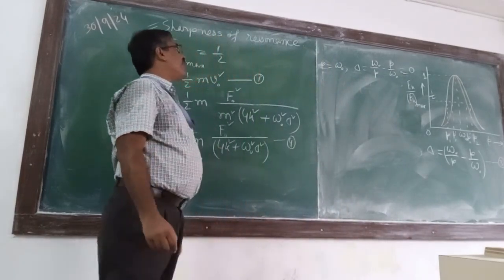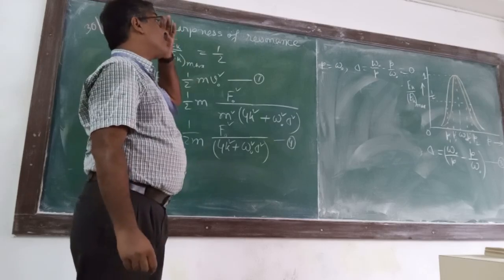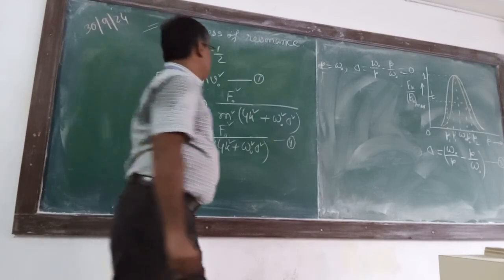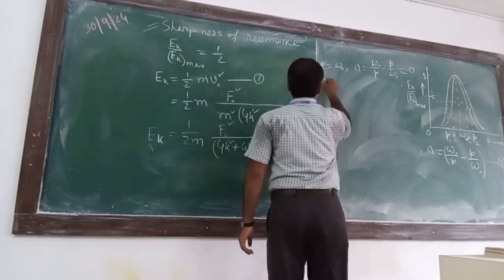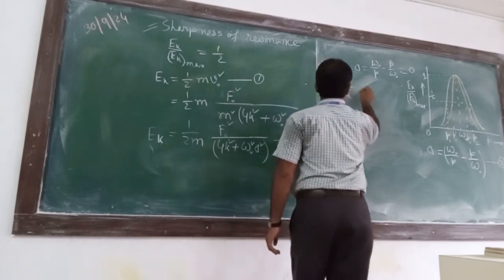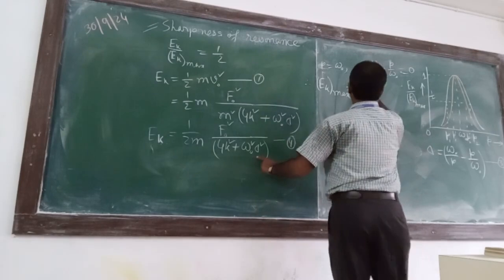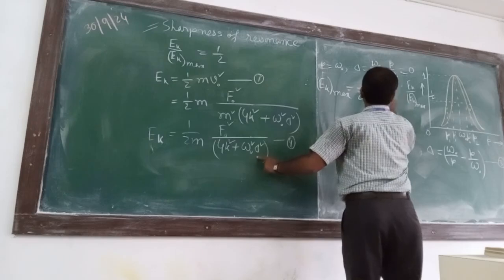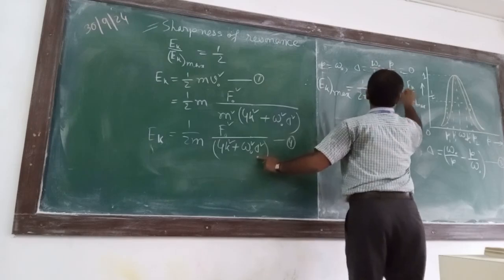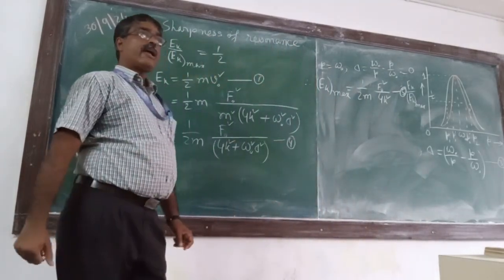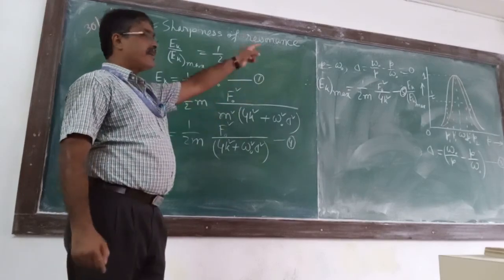Okay? Therefore, maximum kinetic energy Ek max equals to 1 by 2m f naught square by 4k square. Equation 5.